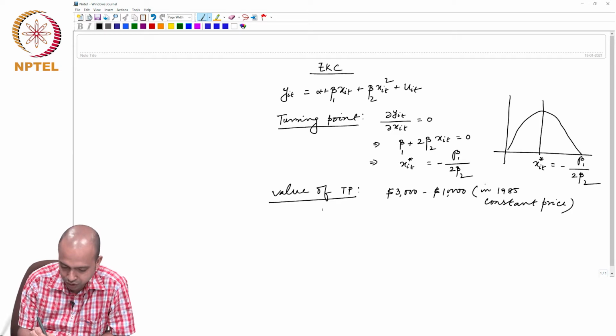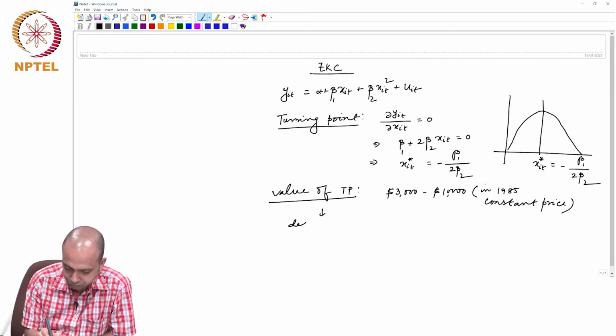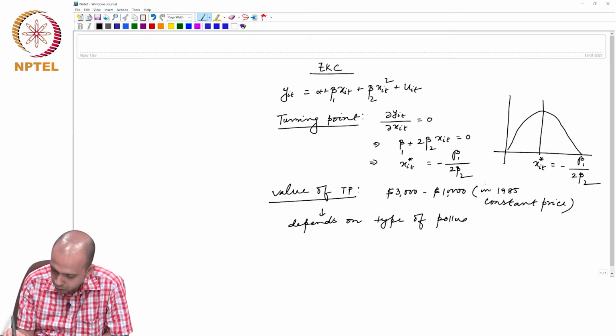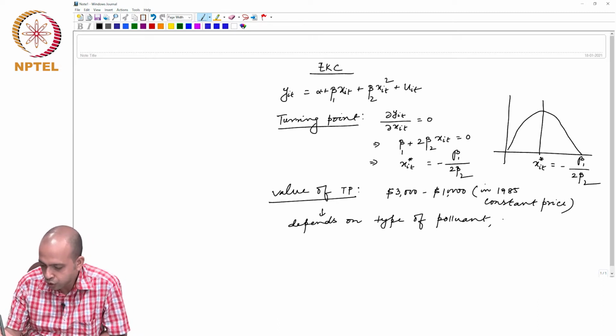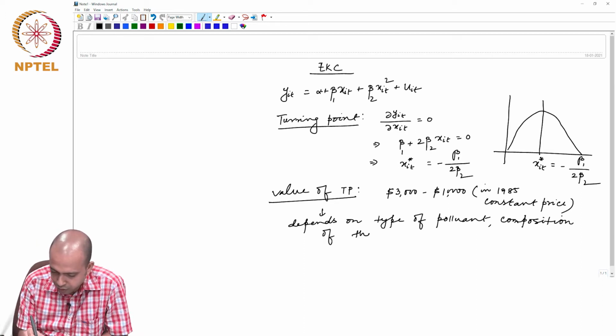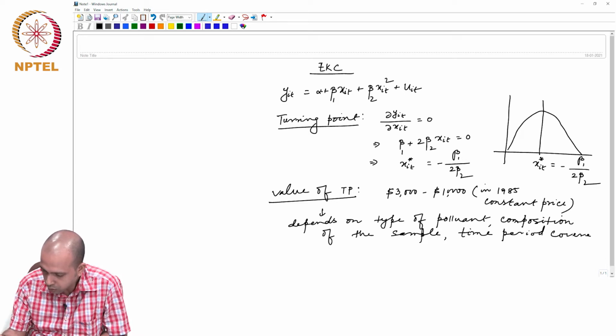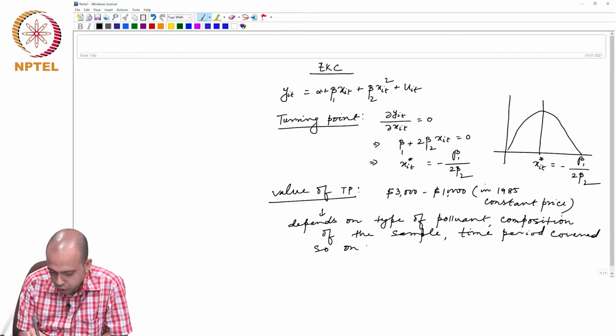So the value of TP depends on the type of pollutant, composition of the sample, time period covered, and so on and so forth.